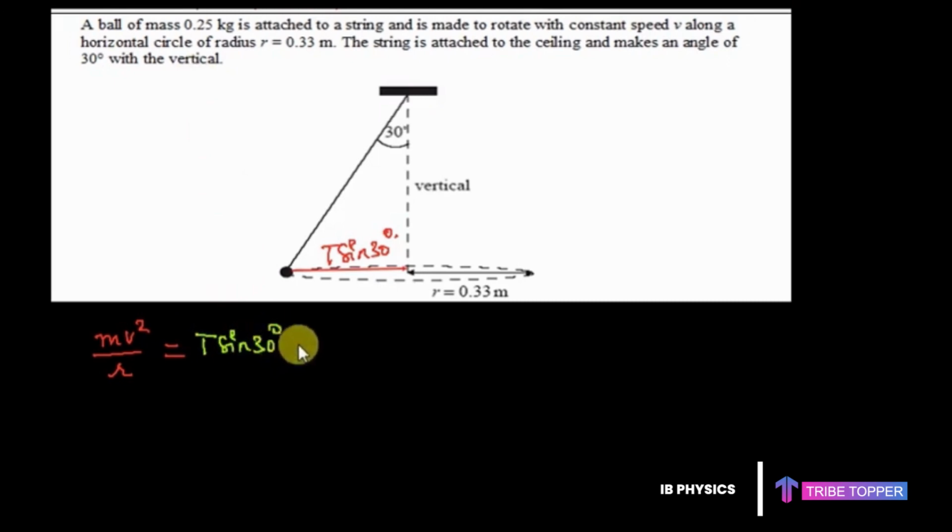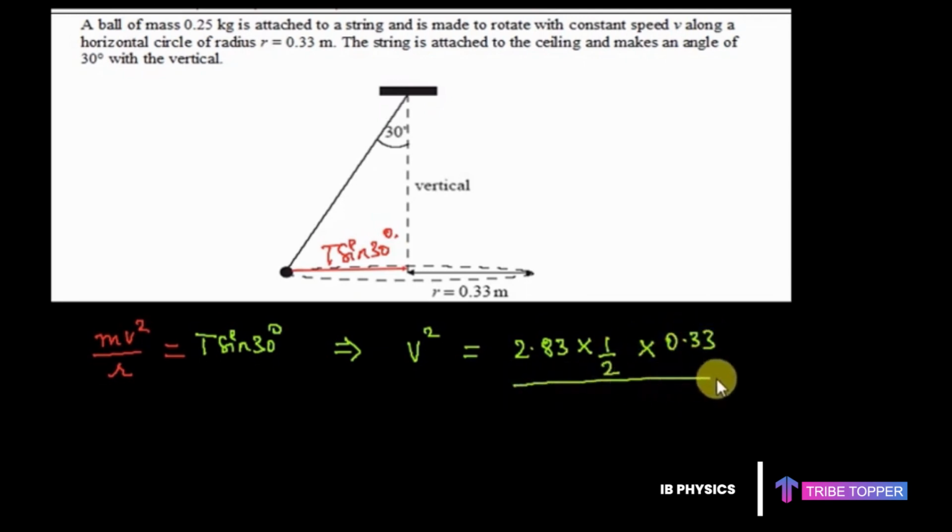T we have already found out. We're just going to substitute the values now. So we get v squared is equal to T we just found out, 2.83 newtons, multiplied by sine 30, which is 1 upon 2, times r, which is 0.33, and upon m, which is 0.25 kilograms.